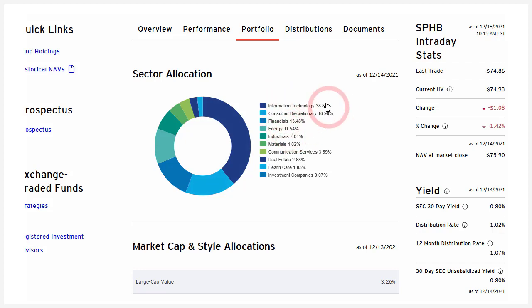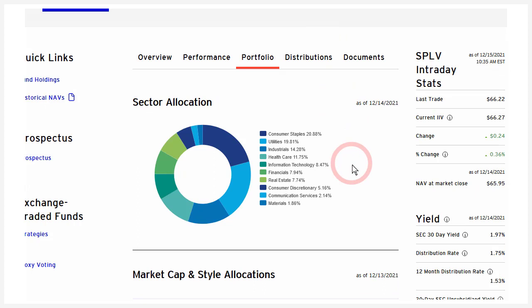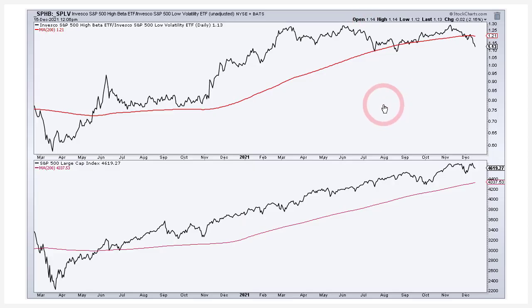But clearly a lot of beta going in from information technology, consumer discretionary sectors. And then if we look at the low volatility ETF, you can see the profile is different. Low volatility defensive sectors are dominating. Staples, 21%, utilities, 20%, healthcare, 11.75%.